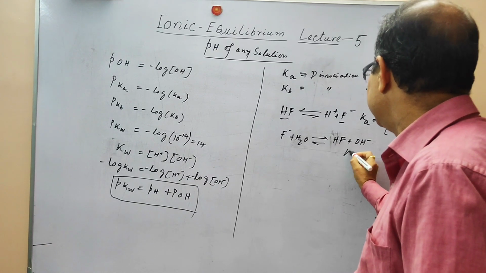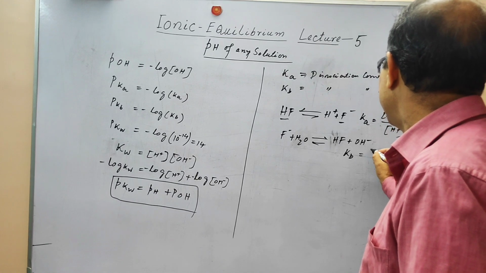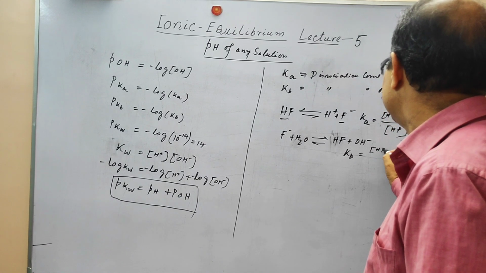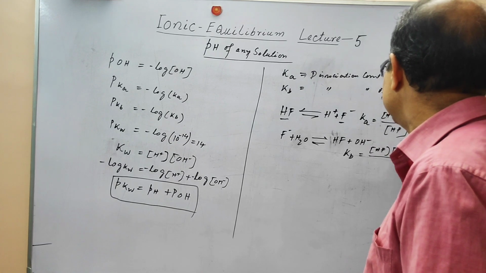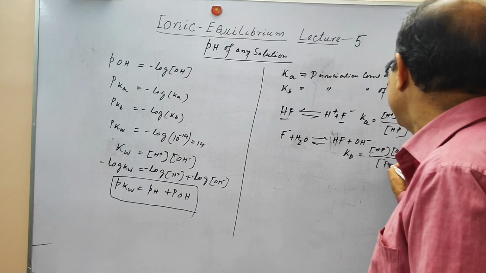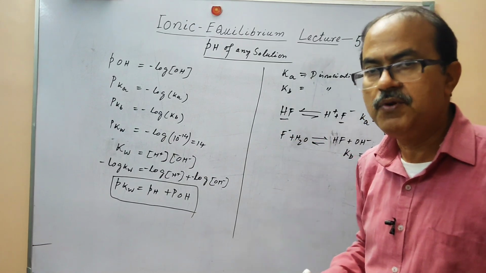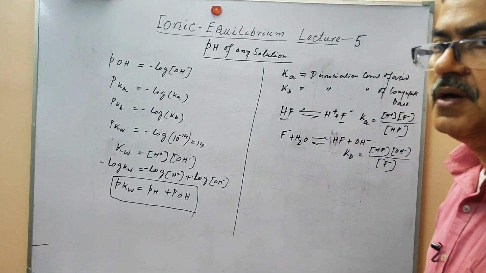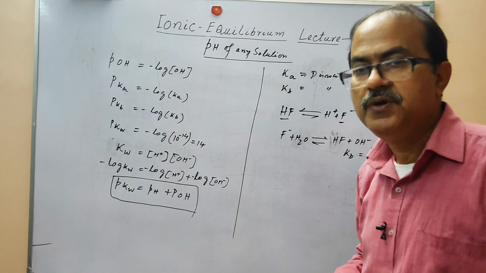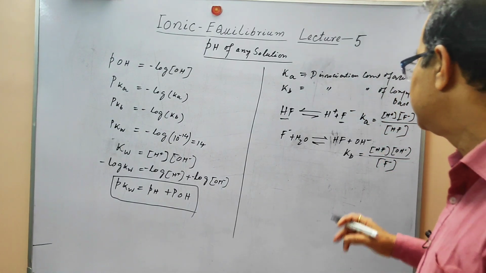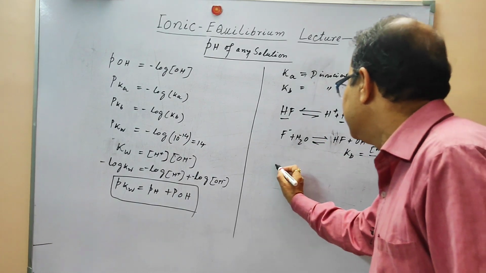So what will be the dissociation constant of this conjugate base, Kb? We can write HF and OH minus, divided by F minus. We are neglecting the concentration of H2O because it is in excess, and its molar concentration, in the pure state, is not going to change. So it will be constant. We are taking it as 1. So this will be this.